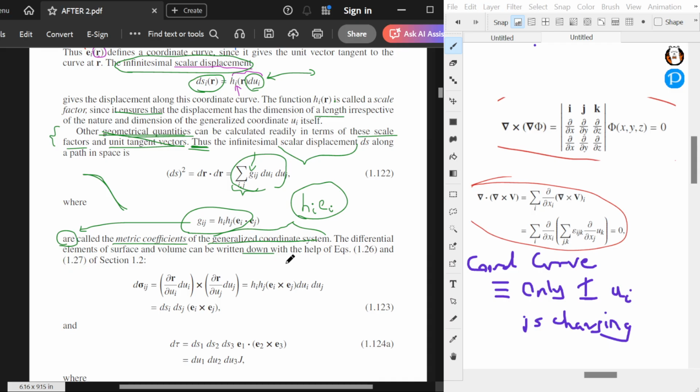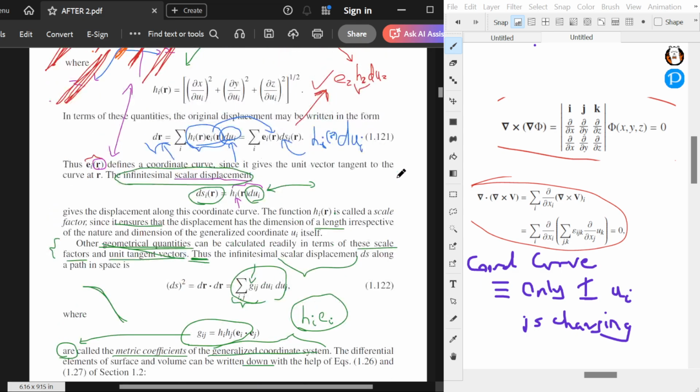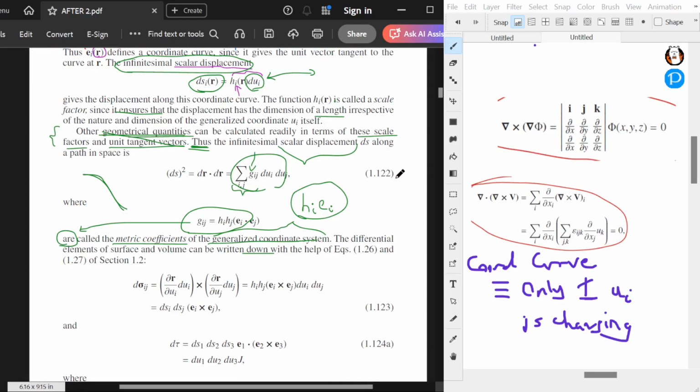Maths gets really insane the more you delve into it. The differential elements of surface and volume can be written down with the help of 1.26. That's so far up.